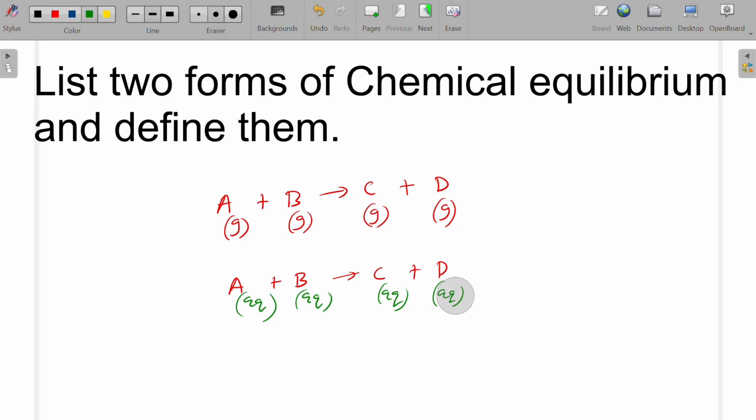What we have here is basically what we call homogeneous type of equilibrium, a type of equilibrium in which all the chemical species involved are in the same state of matter or are in the same phase.